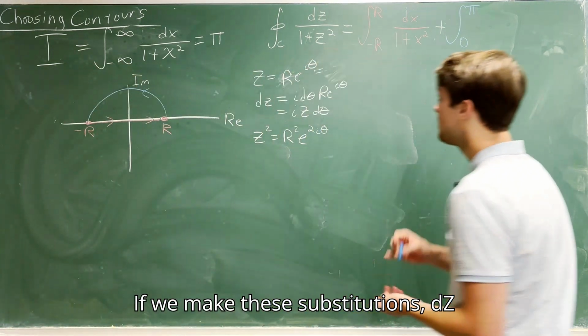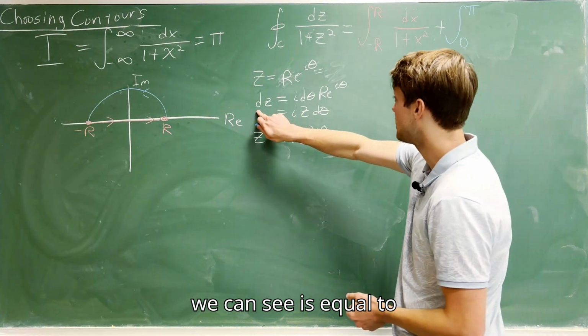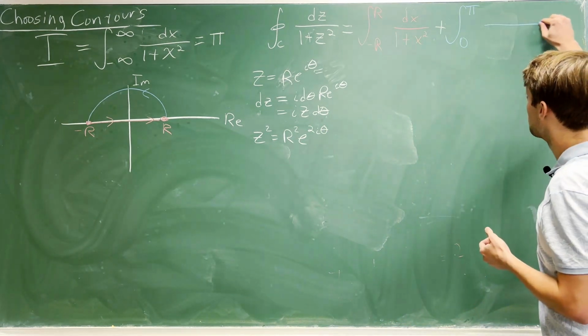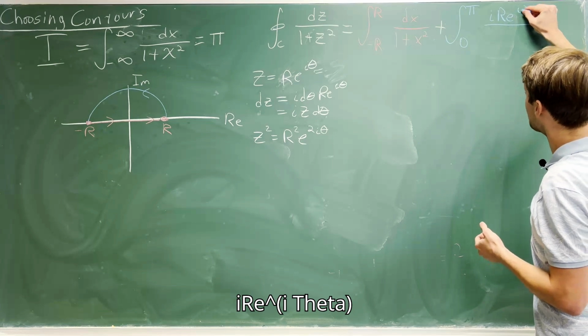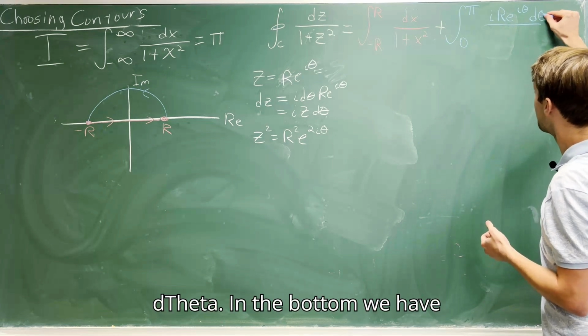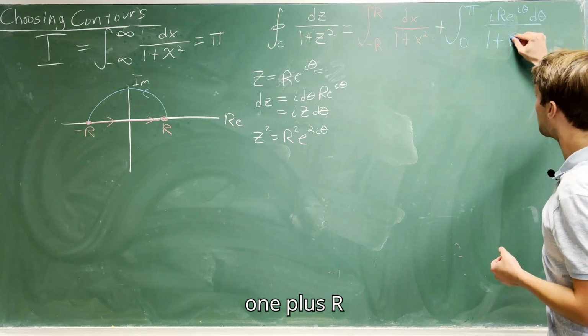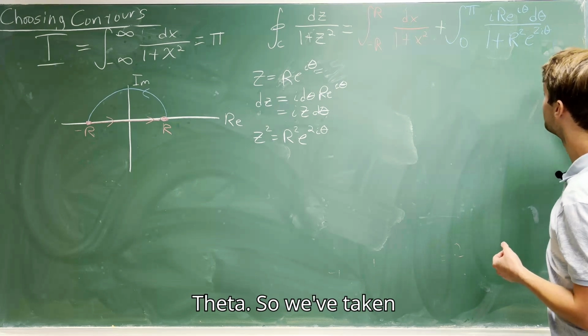If we make these substitutions, dz is equal to iz d theta, or i r e to the i theta d theta. In the bottom we have 1 plus r squared e to the 2i theta.